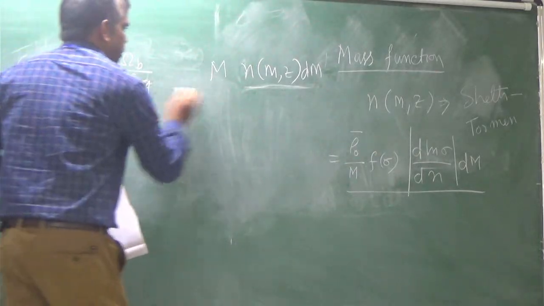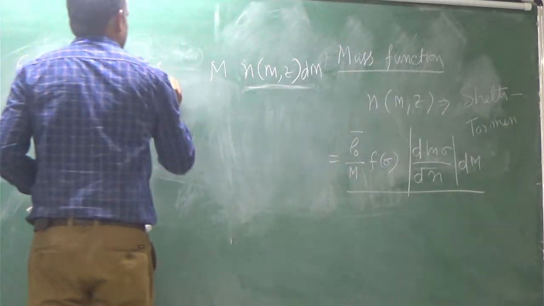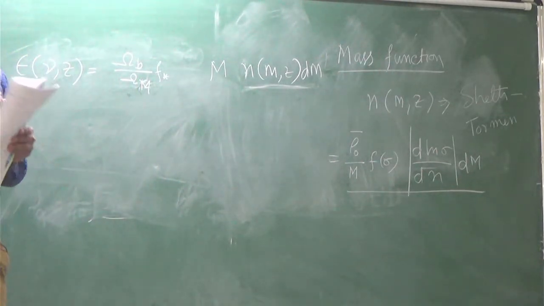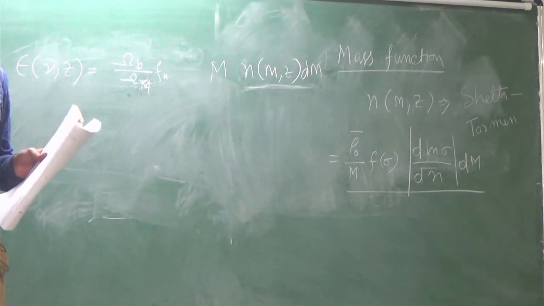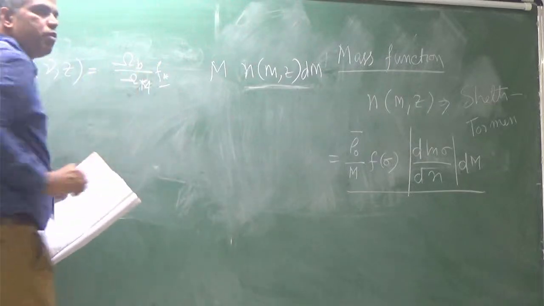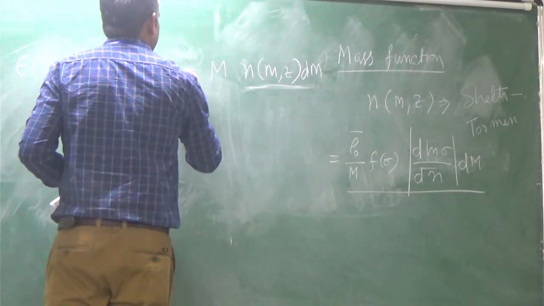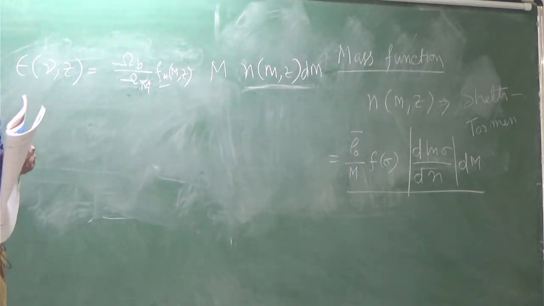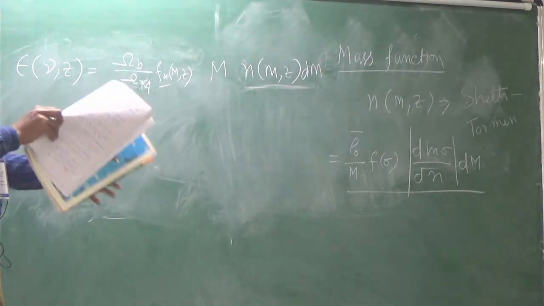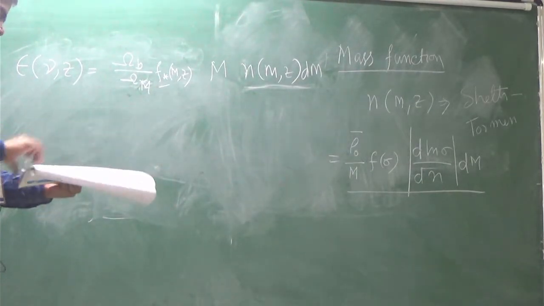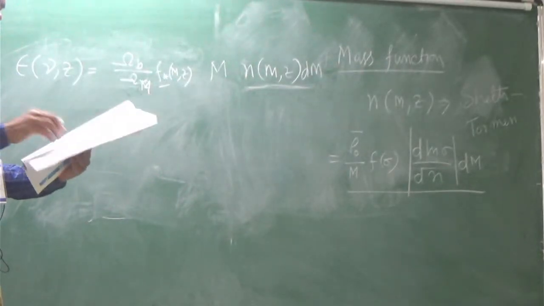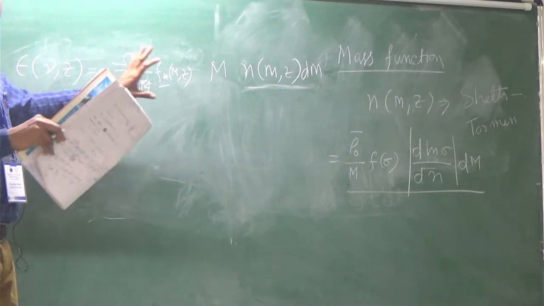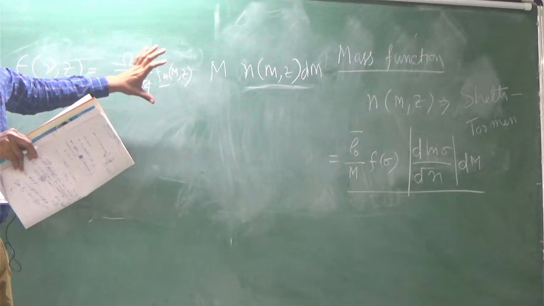Now, out of this amount of baryon, some fraction will be converted into stars. Not all of the baryon is converted into stars, and that fraction is called f star. In principle it can be a function of m and z, but in practice it is assumed to be constant. So that gives you the total amount of stellar mass.